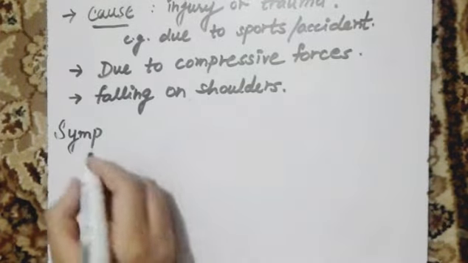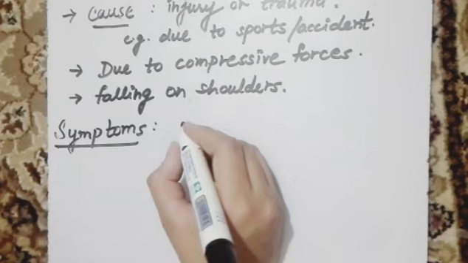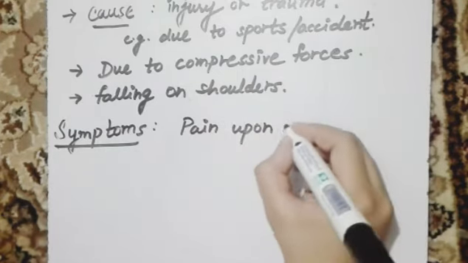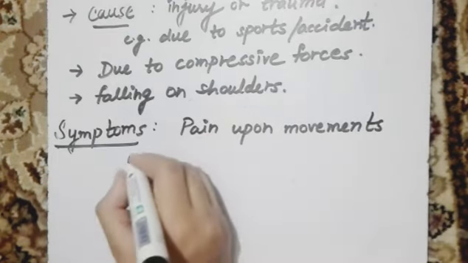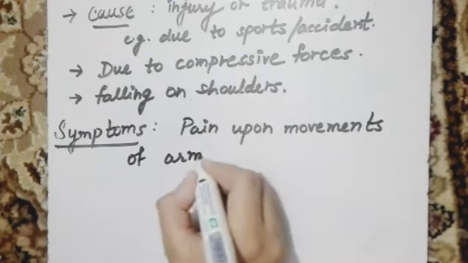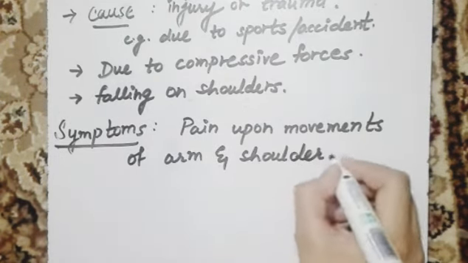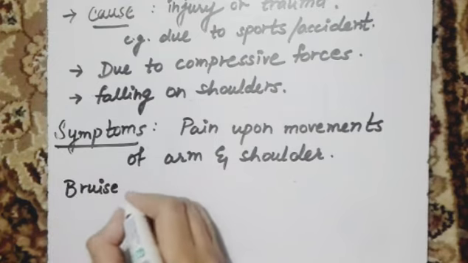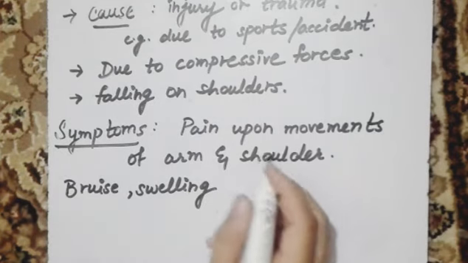Next we'll talk about the symptoms of a clavicle fracture. Obviously you'll feel a lot of pain, ouch, upon the shoulder and arm. Then there is swelling and bruising, and the part feels soft because the bone has been broken and there's nothing to make it hard.